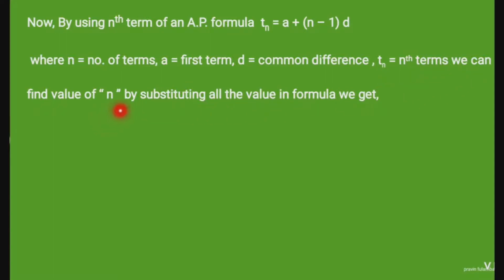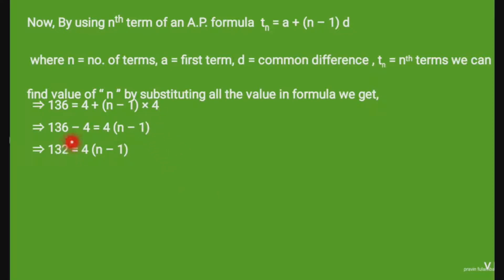We can find the value of n by substituting all the values, because we know the value of a, we know the value of d, that is common difference, and we know the value of the nth term.